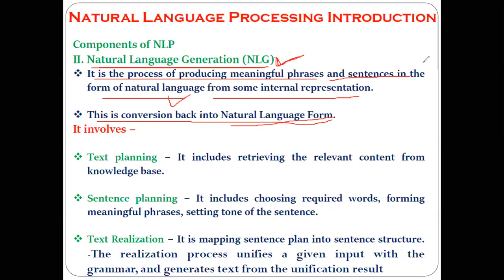While this natural language generation is happening, it consists of three different stages. When human to human communication happens, these kinds of steps also get implemented.